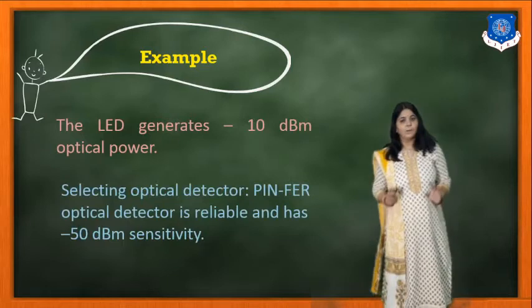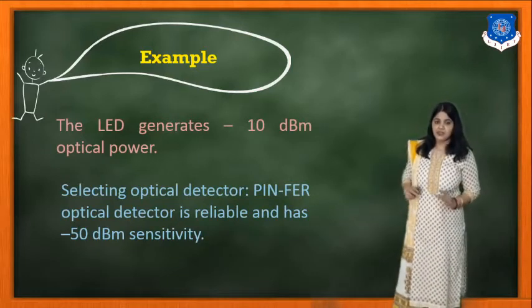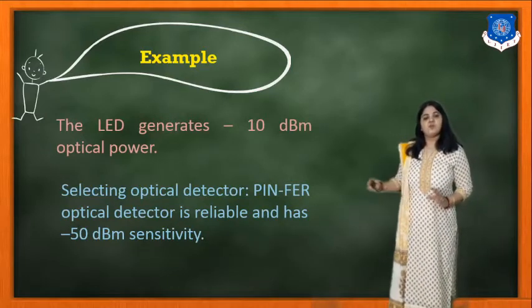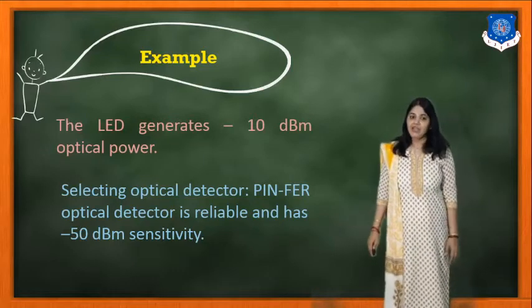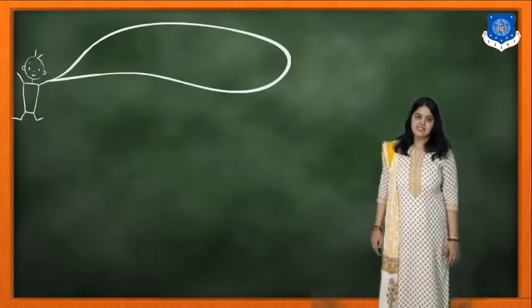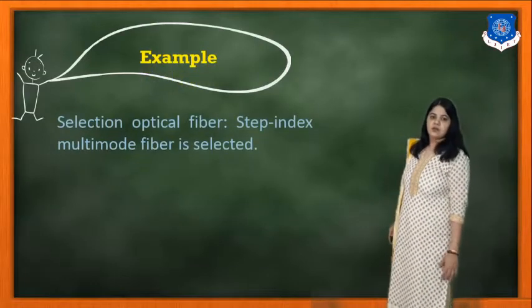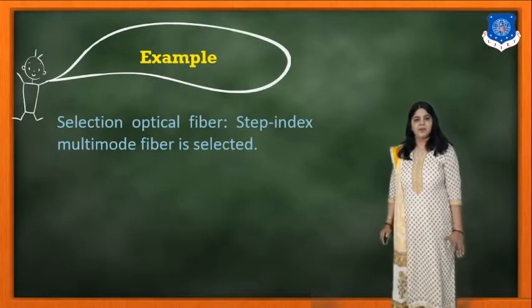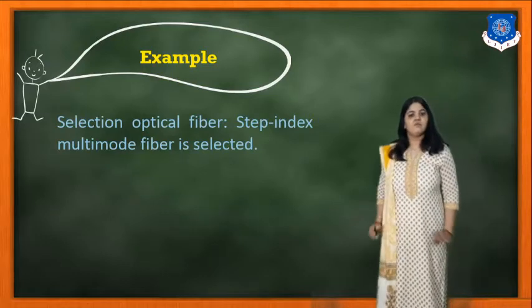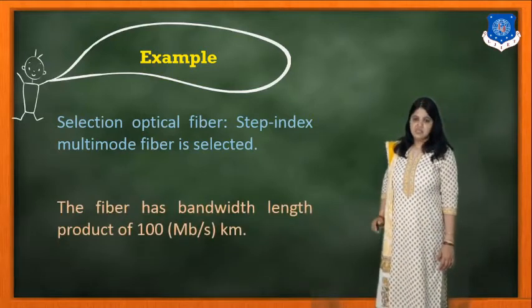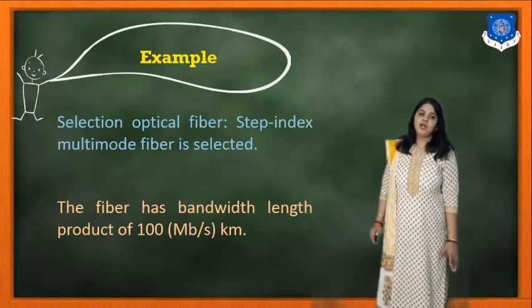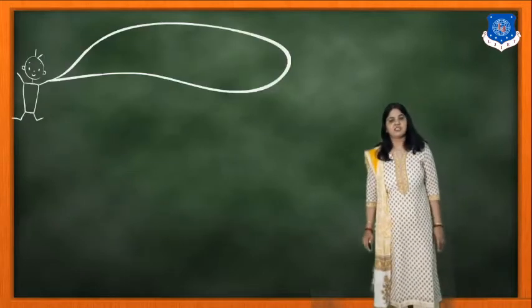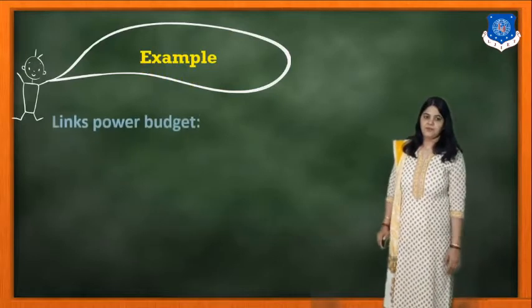Selecting the optical detector: a PIN detector, which is reliable and has minus 50 dBm sensitivity. For the optical fiber, a step index multimode fiber is selected, and the fiber has a bandwidth length product of 100 megabits per second kilometer.